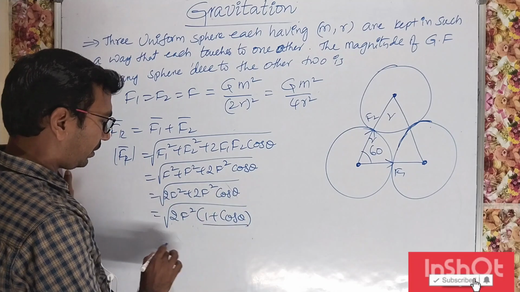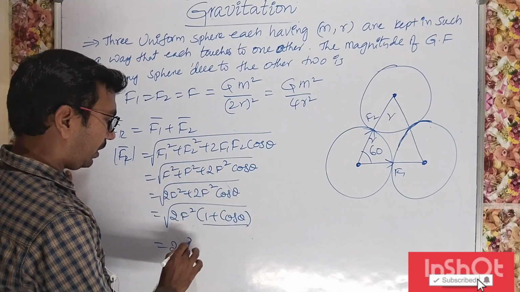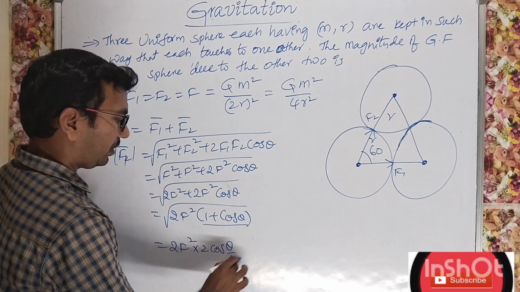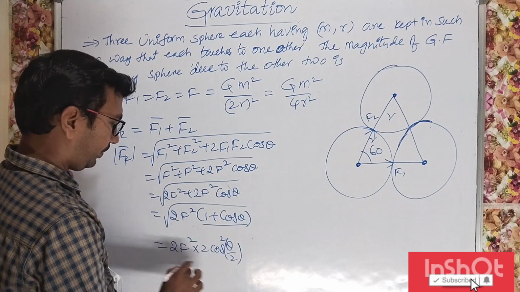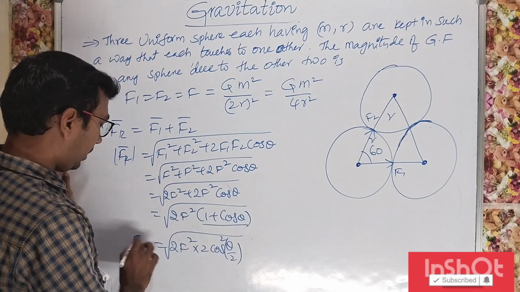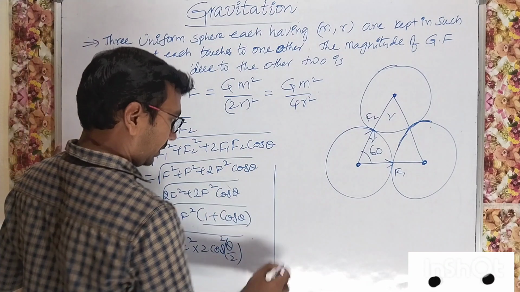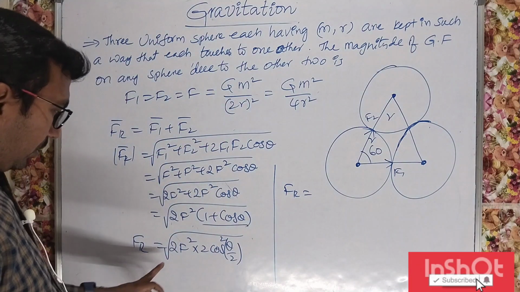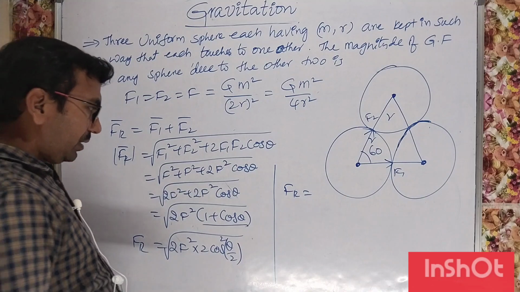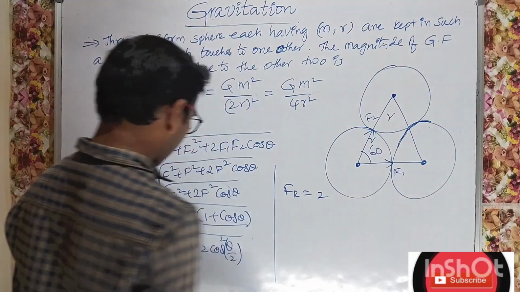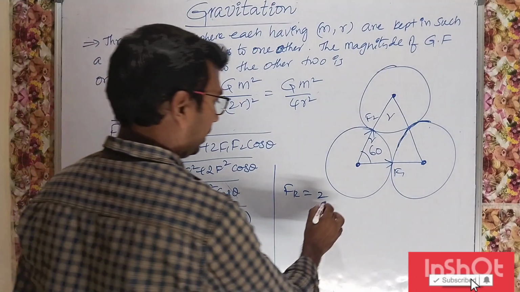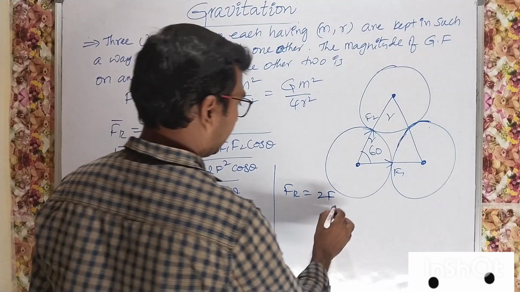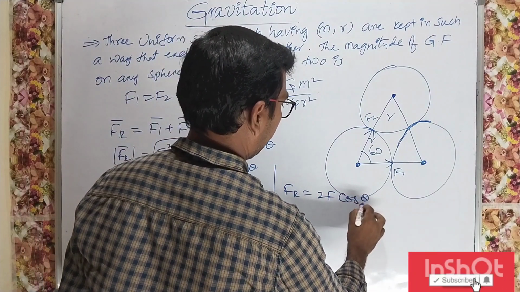So 1 plus cos theta can be written as 2 cos square theta by 2. So under root, this is the resultant force. So Fr is equal to, here 2 2 is 4, 4 coming outside means 2, F square coming outside means F, cos square theta by 2 coming outside means cos theta by 2.